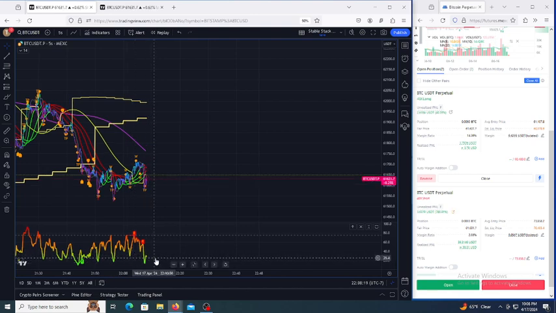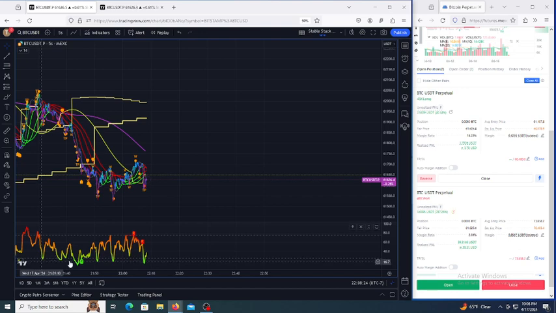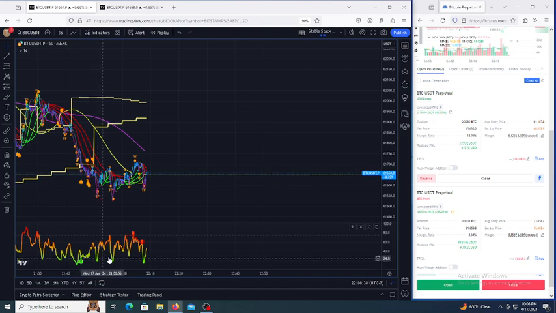See how these are all dips into the green? After a divergence, the next dip in the green is usually the signal. See right here? See how it diverged and then the next dip? You can buy on those. Right here, it dipped again. Looks like it's going to go up.